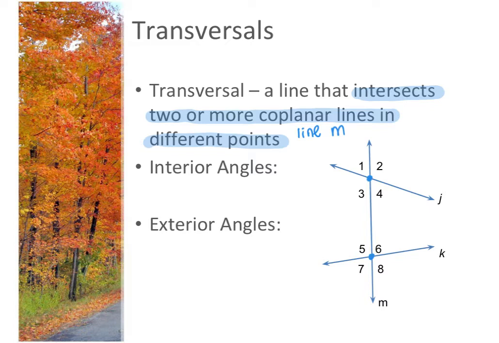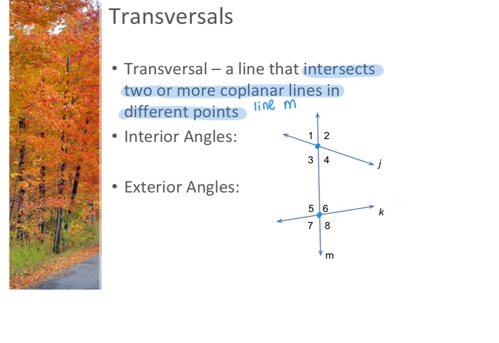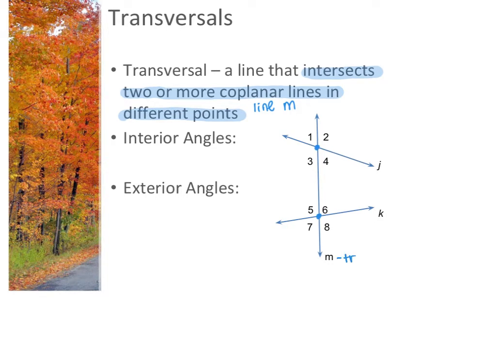That is our transversal. Now J and K are the other two lines, but see how they only intersect the transversal one time? The transversal intersects both of the other lines twice.